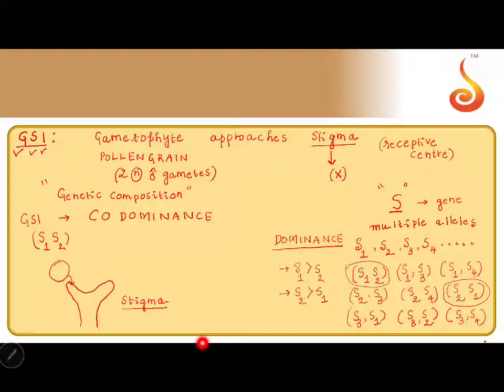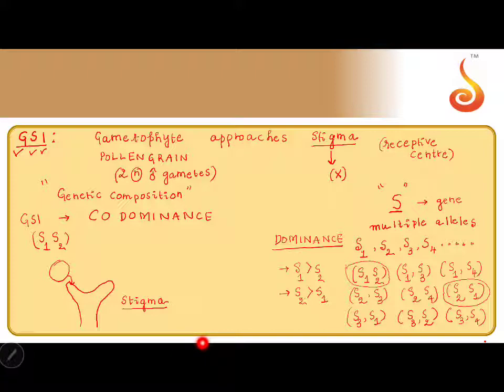drop on the stigma. So there is a dialogue between the stigma and the pollen grain. We call it pollen-pistil interaction, deciding whether to permit the pollen grain to germinate or not.